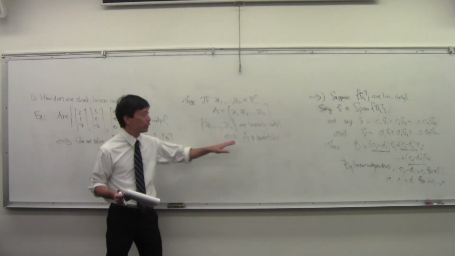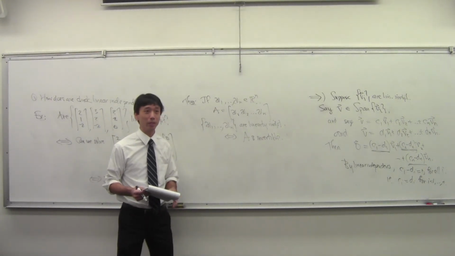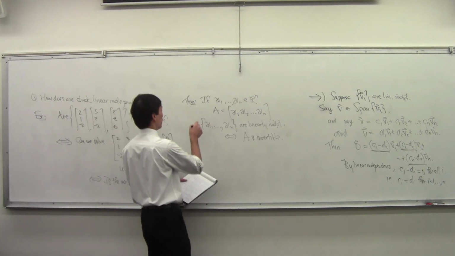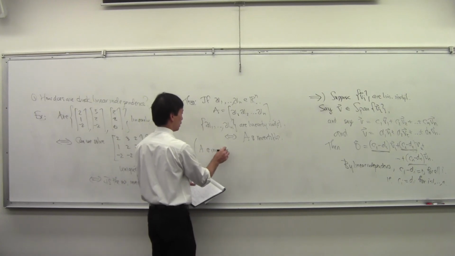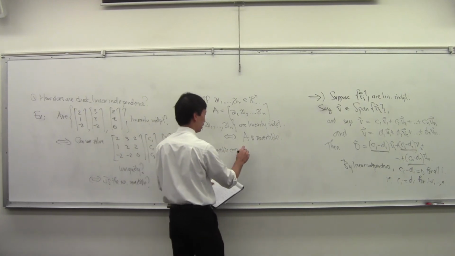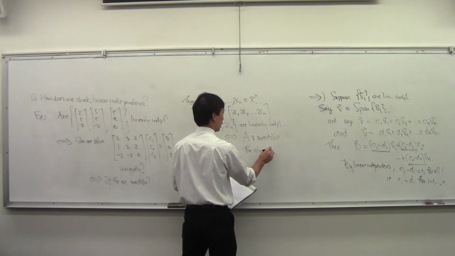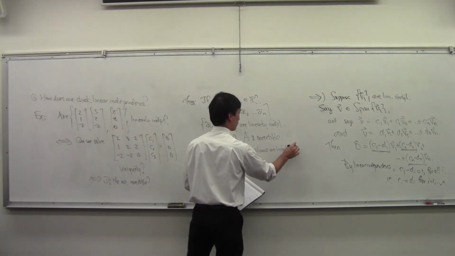In other words, a matrix is invertible if and only if its columns are a linearly independent set. A is invertible if and only if the columns are linearly independent.